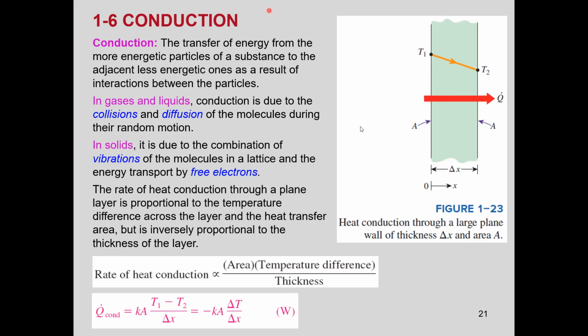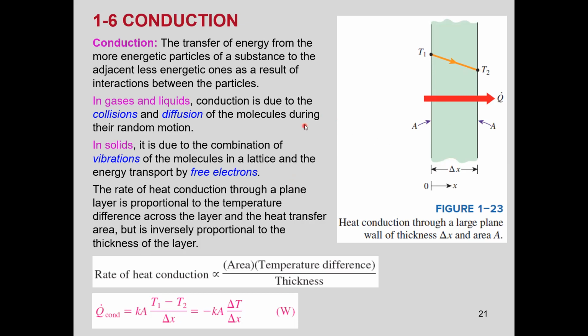Yes, Gülüz is right. It is from high temperature to low temperature. This is the high temperature, this is the low temperature. You are all correct, but the correct expression is high temperature to low temperature, not from high energy to low energy or anything else.